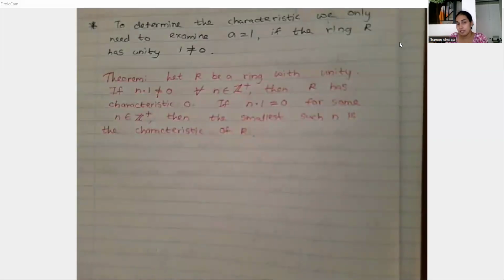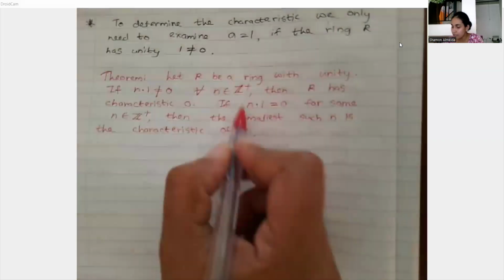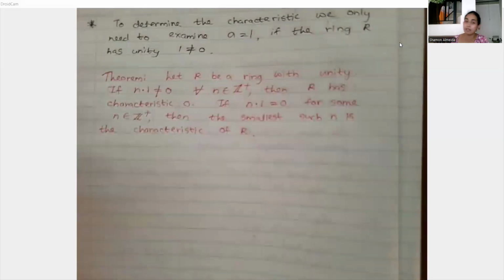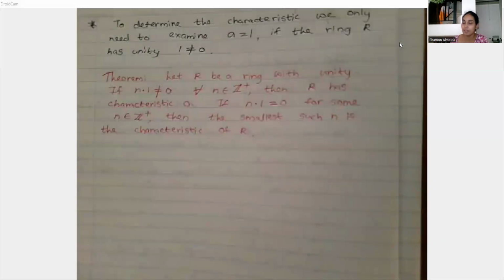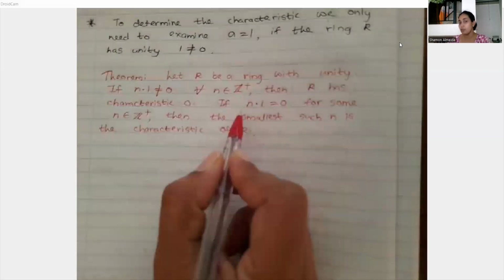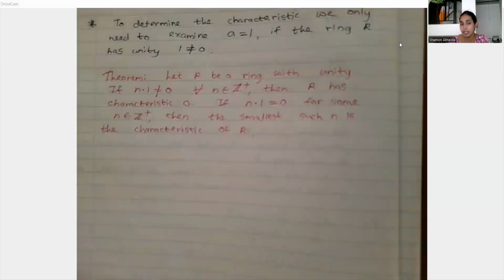Now the definition tells you that for every element we have to check this condition, when this 1 is replaced by a, any element in the ring. In that case, we pick the smallest such positive n, and that would be the characteristic of R, if this is true for every element in the ring.